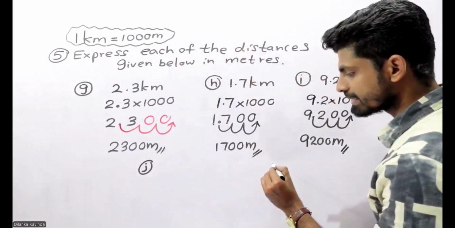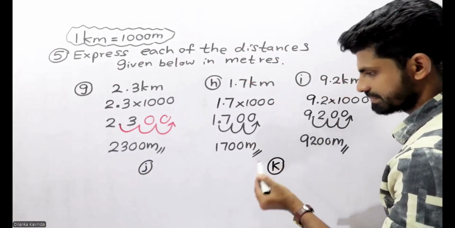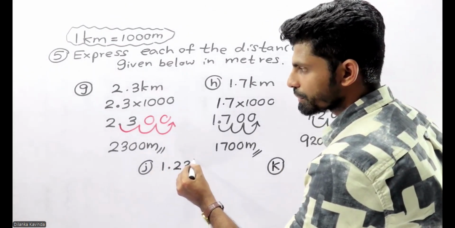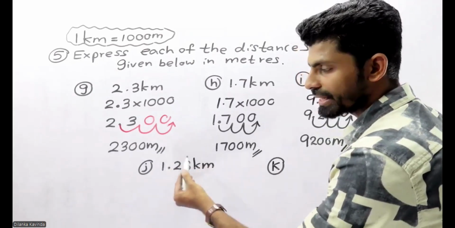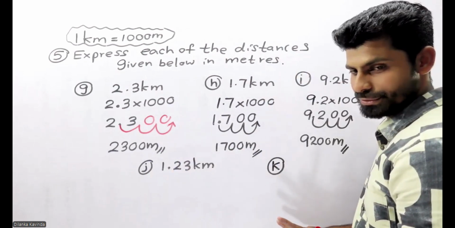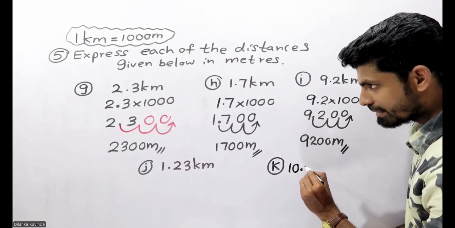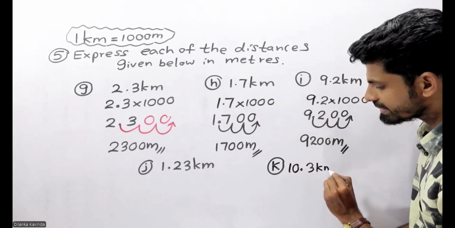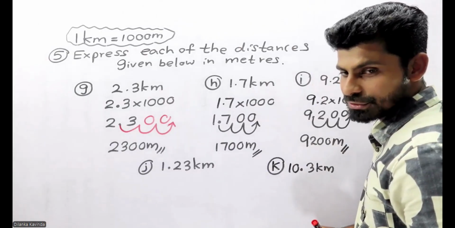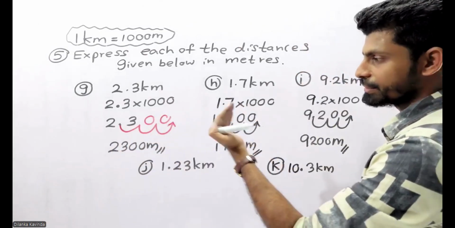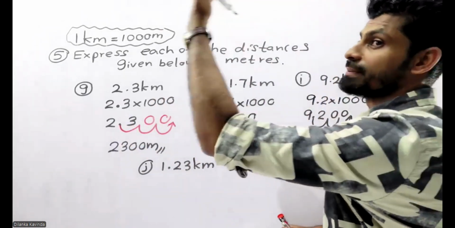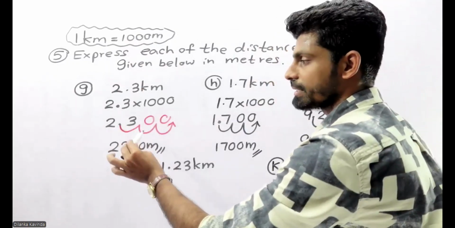J and question K. 1.323 kilometers. You can do that one. 10.3 kilometers means you need to move 3 decimal places to the right. Three decimal places to the right: 1, 2, 3.